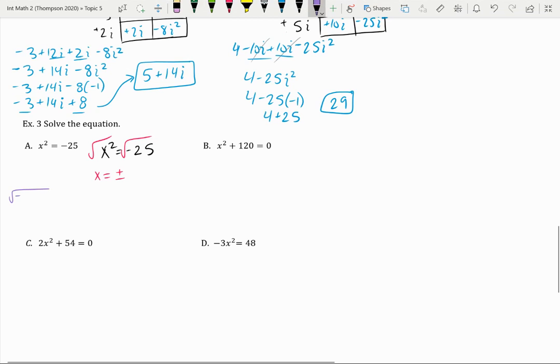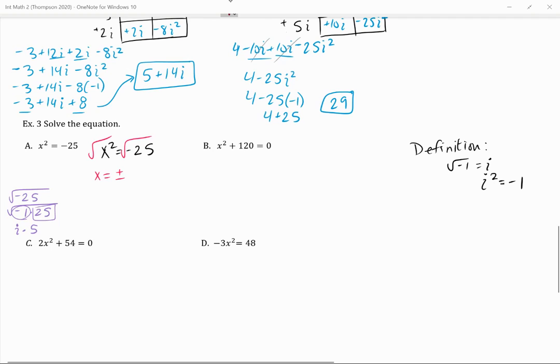So the square root of negative 25, I like to think about that as the square root of negative 1 times 25. Well, according to our definition, the square root of negative 1 is i. So write it again here. And then the square root of 25, well, I know that's 5.